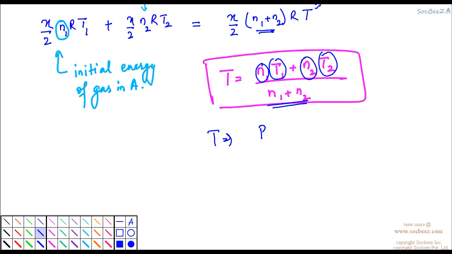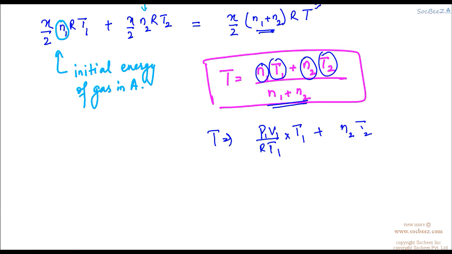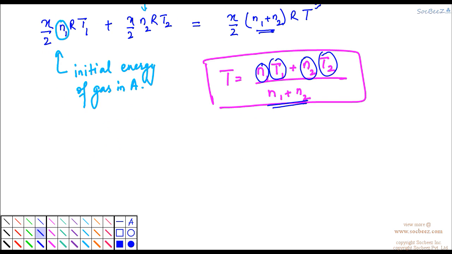N1 would be nothing but pressure into volume upon R T, so P1 V1 upon R into T1, plus N2 into T2. Similarly we can calculate the moles for both of the containers, so let's calculate them separately. N1 would be P1 V1 upon R T1.